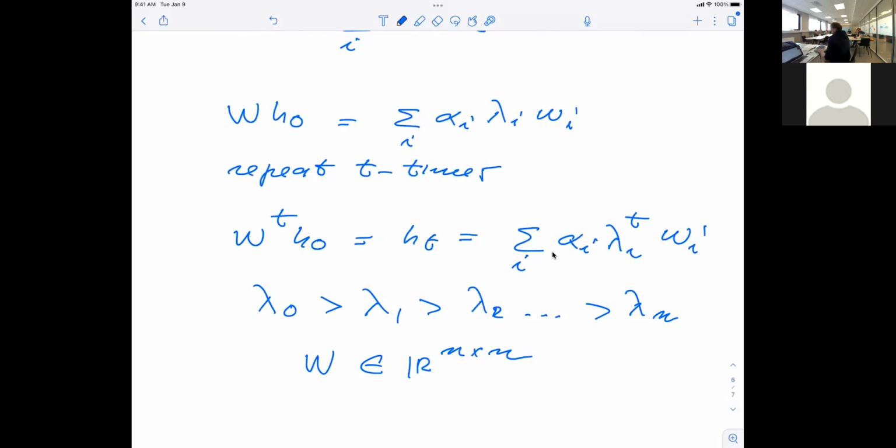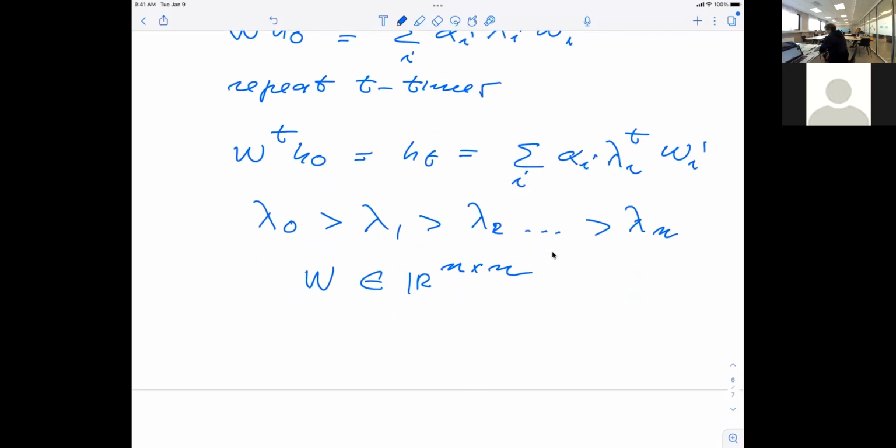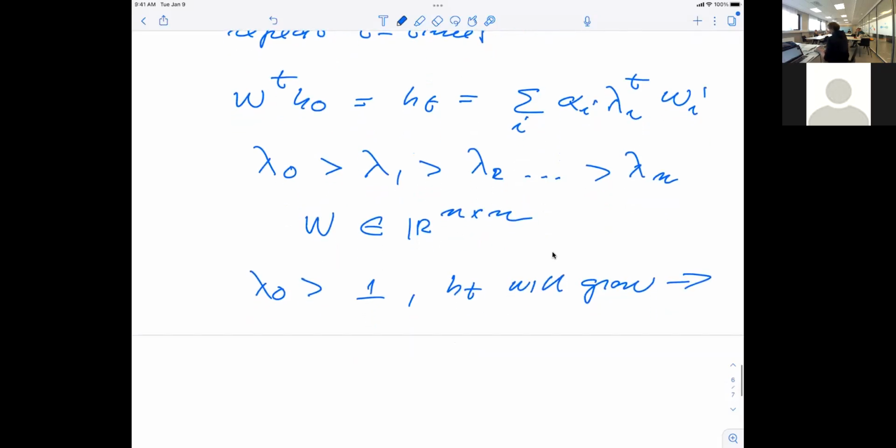Now, if that is the case, we see very clearly that if this lambda 0 is larger than 1, then these kinds of functions will diverge. So h of t will just keep growing, and it will finally lead to exploding gradients.